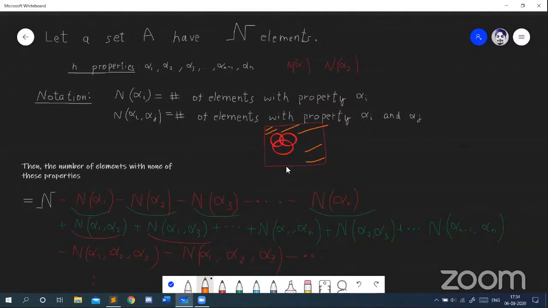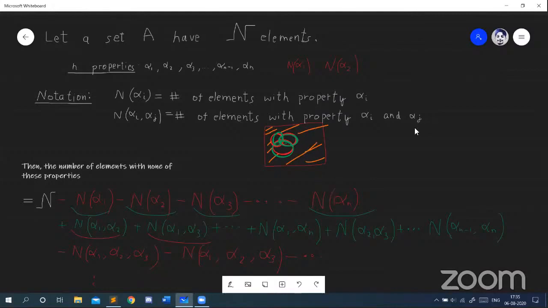And what I'm saying is that I first compute the size of this whole thing, and then I subtract this region, then I subtract this region, and then this region. But then I'll have to add back these intersections, and then I'll have to subtract this middle region once again because I counted it one extra time, right? And that way we get this answer. I hope this is clear.